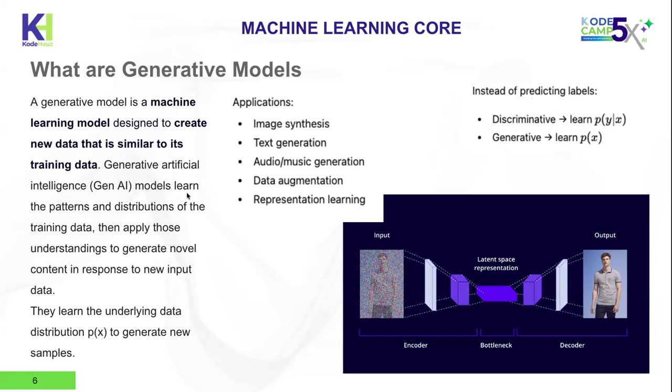So when we talk of Gen AI, it's generative artificial intelligence, and that has become kind of like the big thing these days. Okay, but before now, we had artificial intelligence that was more focused on classification, regression, prediction, and so on, right? So in generative AI, the model learns the patterns and distributions of the training data, and then applies the same patterns and distributions to generate totally new content in response to new input data, right?